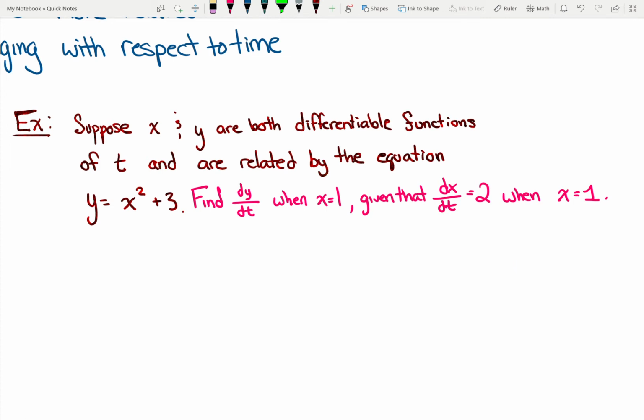So I'm going to write x is a function of t, and y is a function of t as well. With related rates problems, all of them, you have to take a step back and really think about what's going on in the background.